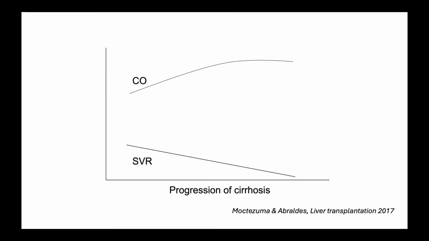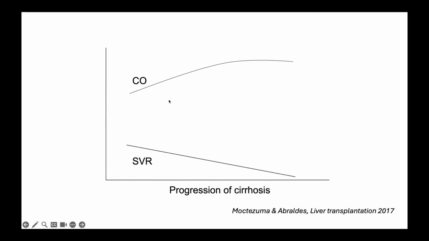So I would like to start by giving some pathophysiological notes to understand the treatment of refractory ascites. And this is very simplified, what happens hemodynamically with the progression of cirrhosis: there is a progressive decrease in systemic vascular resistance due to splanchnic vasodilation, because the splanchnic vascular bed accounts for 30% of the systemic vascular resistance.